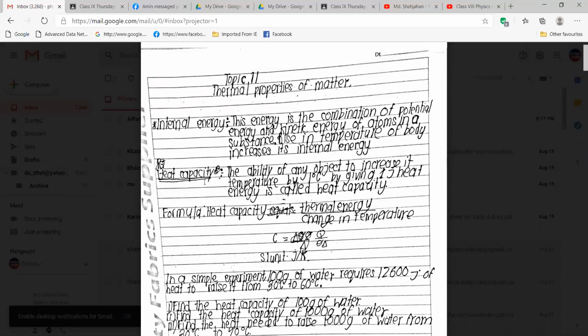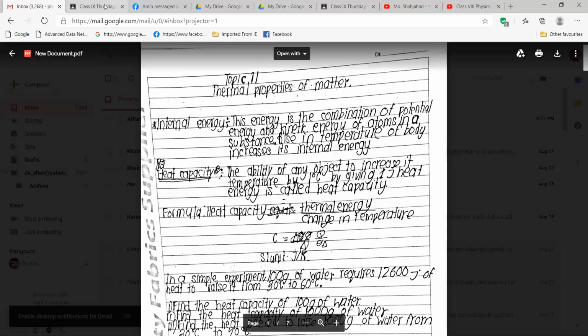From your book, can you open your book? You go to your physics copy, write today's date, and also write the topic name.